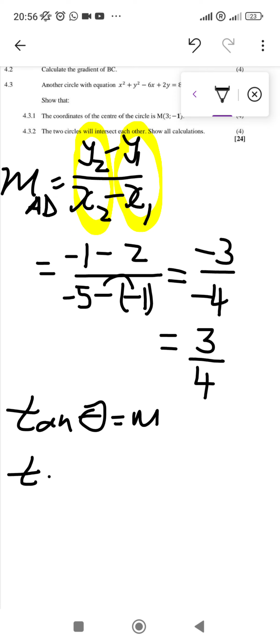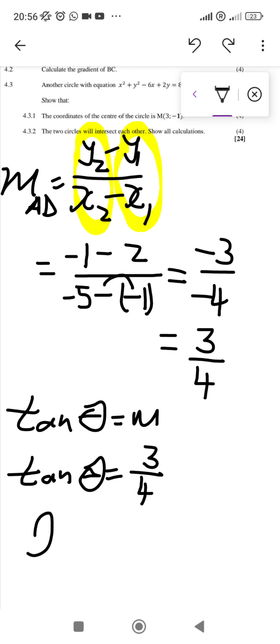Tan of theta, which we want to find, is equal to 3 over 4. How do we get rid of tan here? We do arctan, or second function tan. So theta is equal to arctan of 3 over 4.